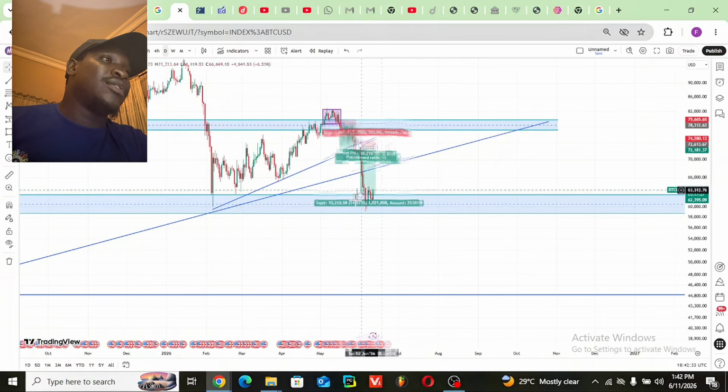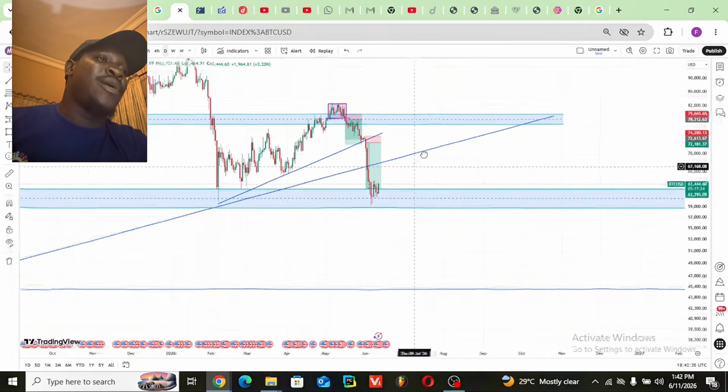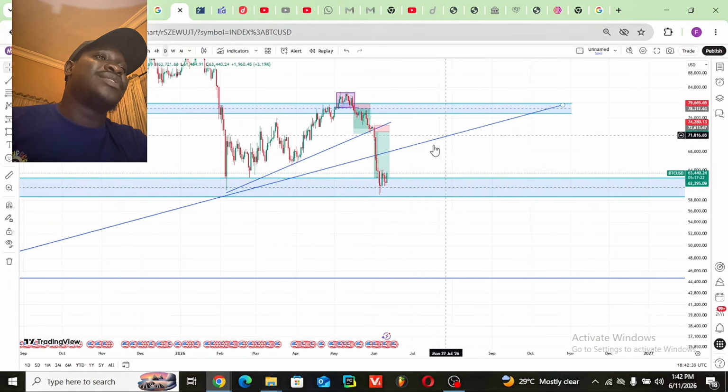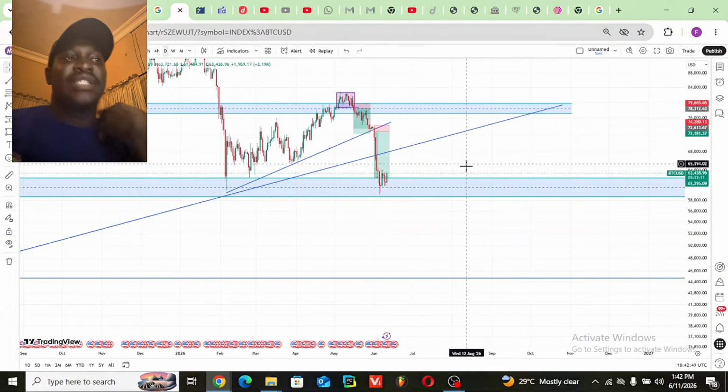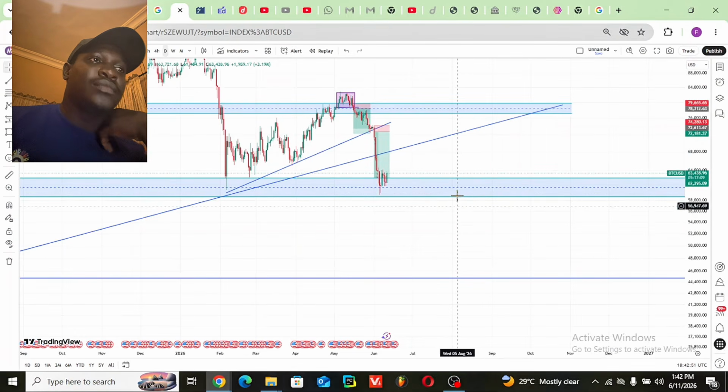Currently, I'm waiting to see what happens here. But if price gives a sell opportunity, maybe it comes upward for this trend line retest, or whatsoever happens, and it gives a sell setup around this area, we'll be selling.